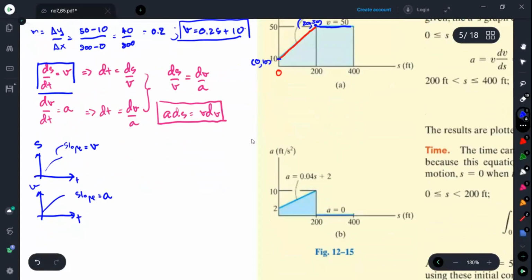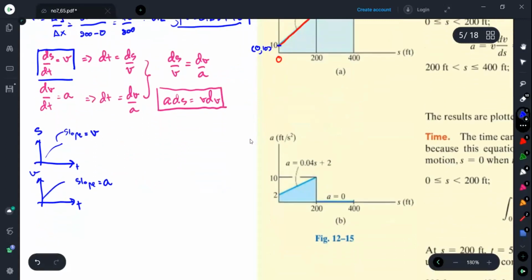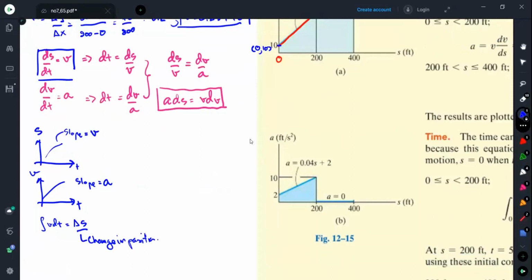This is directly a because dv by dt is equal to a. And the area, the integration of v dt, becomes delta s. This is a change in position. So this is the area under the curve.